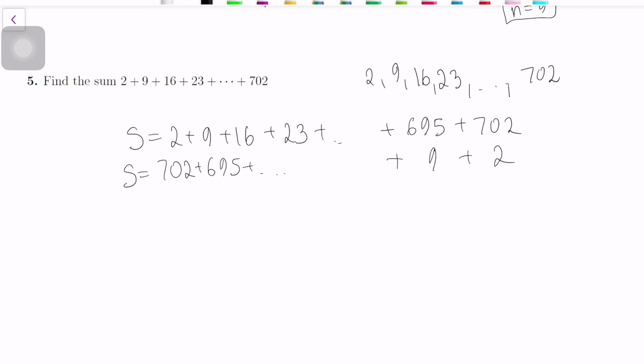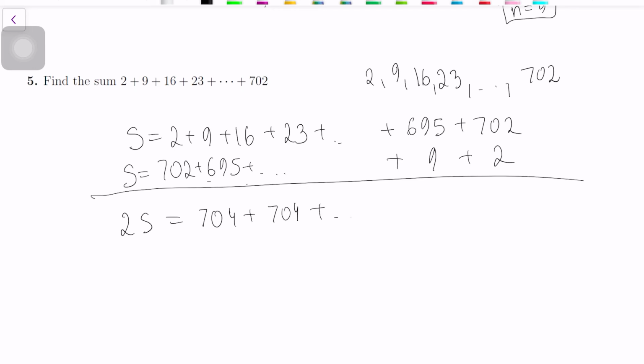So now you write it from the highest to the lowest, and you add those sums. So now you have twice the sum. The second, 9 plus 695 is 704. They all will end up being 704. We just have to figure out how many terms.